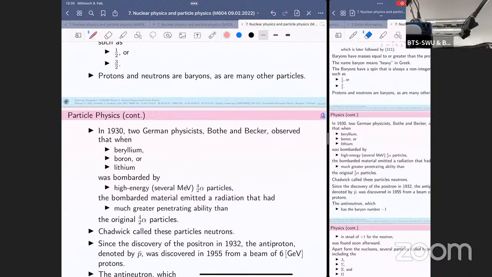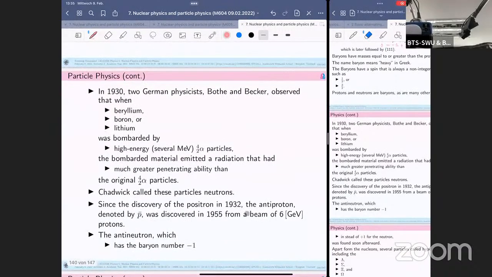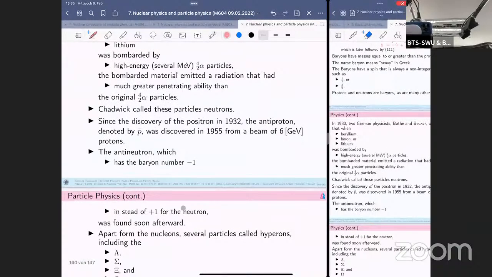Since the discovery of the positron in 1932, the anti-proton, which is denoted by p bar, was discovered in 1955 from a beam of 6 giga-electron volt protons, and the anti-neutron, which has the baryon number -1 instead of +1 for the neutron, was found soon afterward.